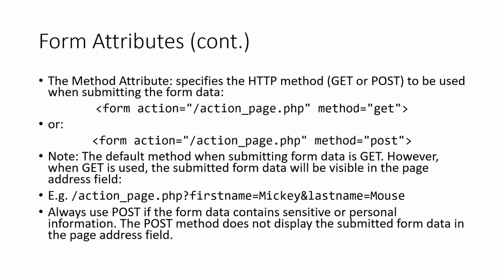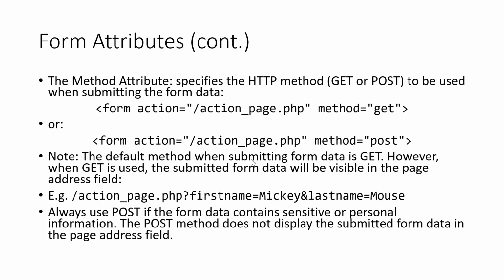You can say in one form, this is the action page, the method is get. In the second one, you can say the method is post. The default method, that means sometimes even if you do not specify, is the get method. When you use the get method, whatever information you share with the action page will be displayed in the browser.